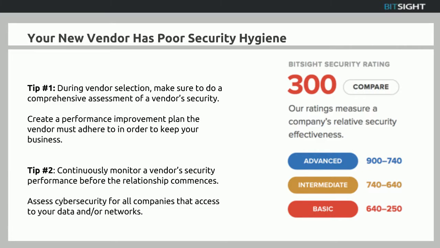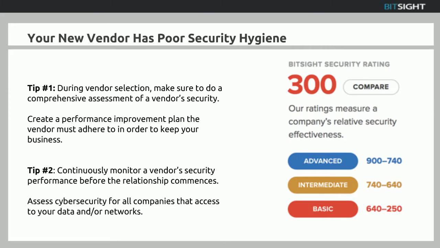And if a vendor is lacking in security and you have made the decision to go forward with that vendor, you could put the vendor on something similar to a performance improvement plan so that they continue to improve on their security, and you make that plan a requirement for the vendor continuing to have your business.